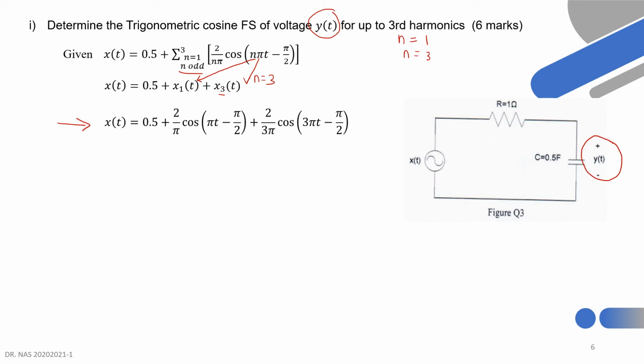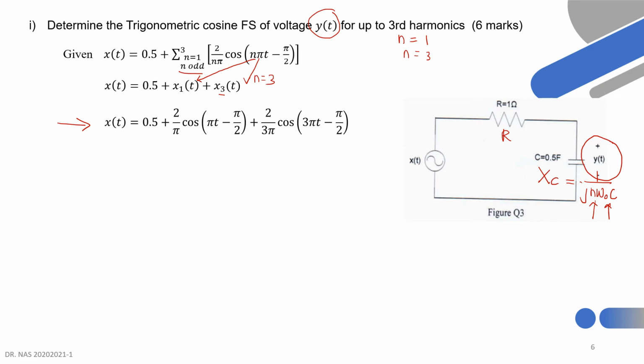In this case, R will remain as R and C will become XC, in which XC equals 1 over j n omega naught C. So n is the harmonic number, and omega naught is the fundamental angular frequency in radian per second.